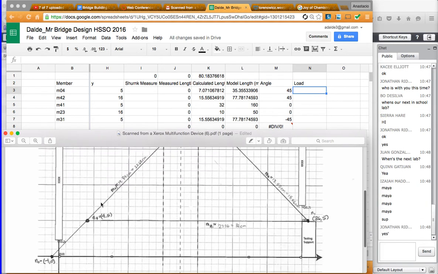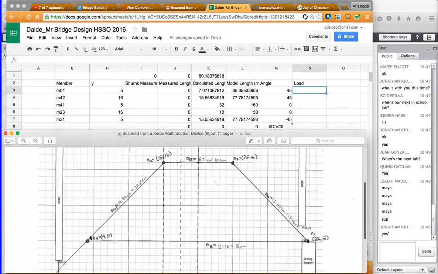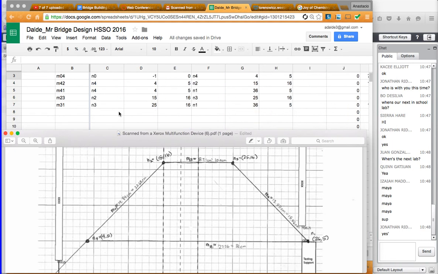Then I can make this line over here that goes from 4,5 to 15,16. This would be member 4,2, or M42, because it's connecting node 4 to node 2.